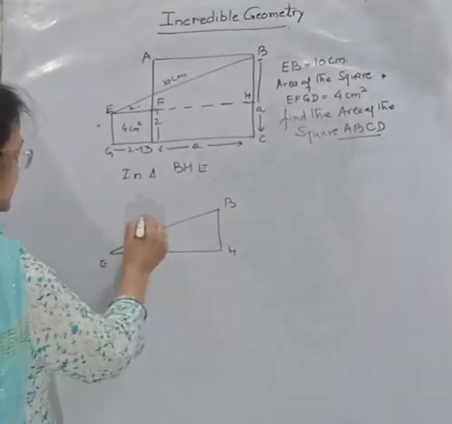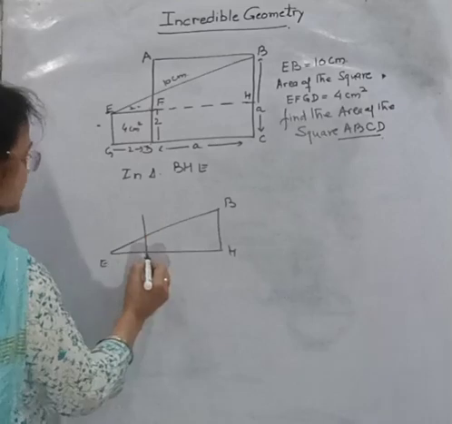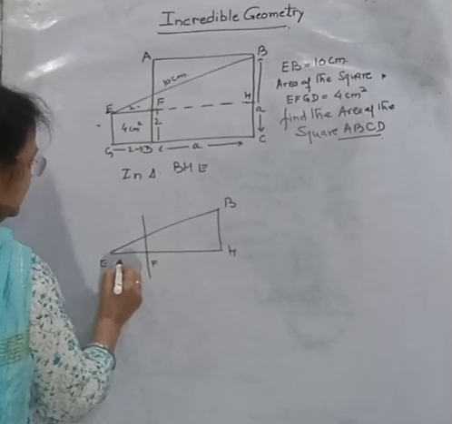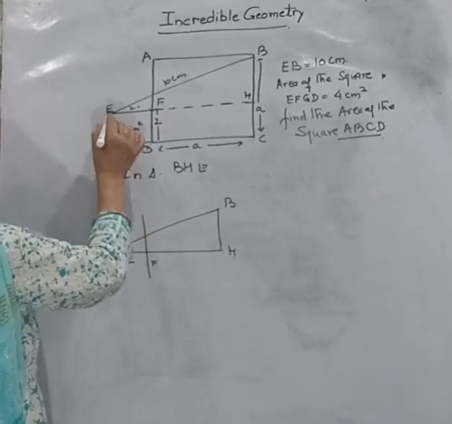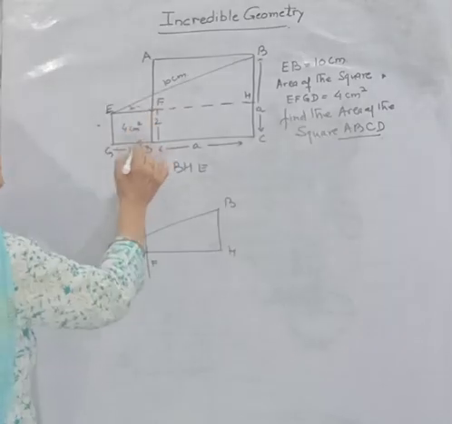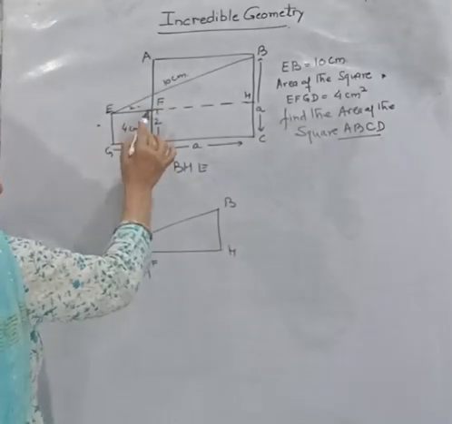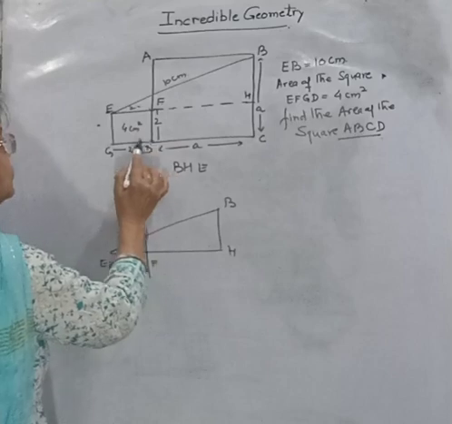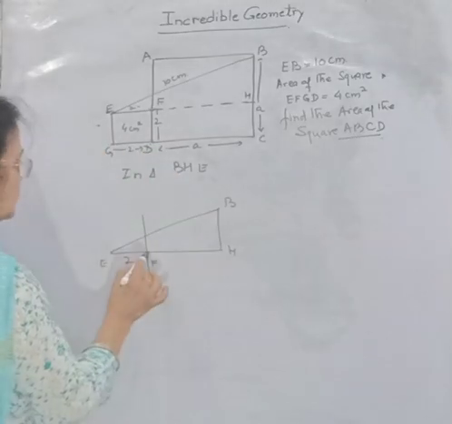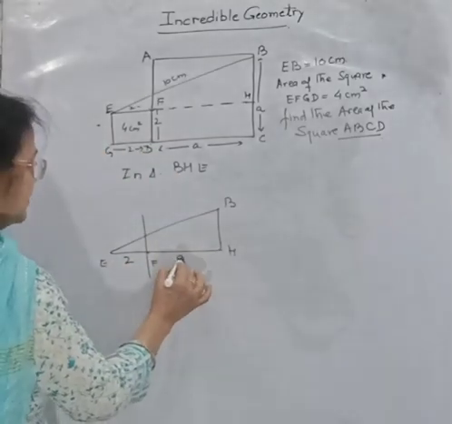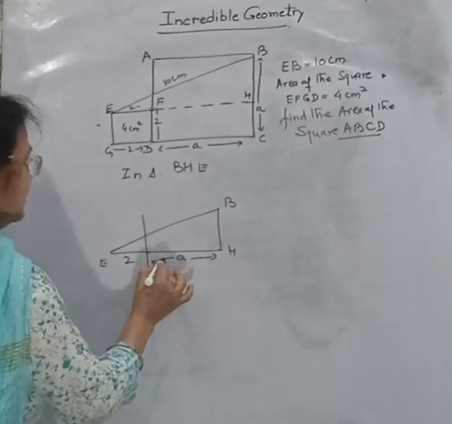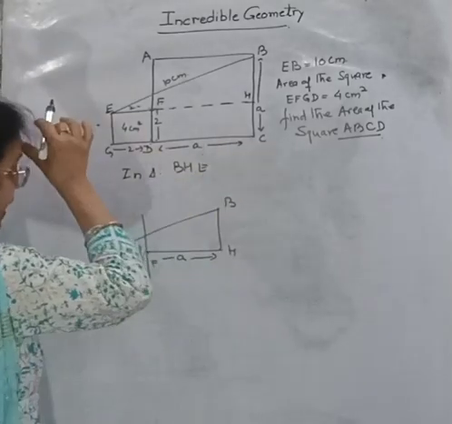This is the point F. This is equal to 2 because the area of this square is equal to 4 centimeters square. This is a square, so this side will also be 2, this side will also be 2. This is 2 and this is A, because of the side of the square.